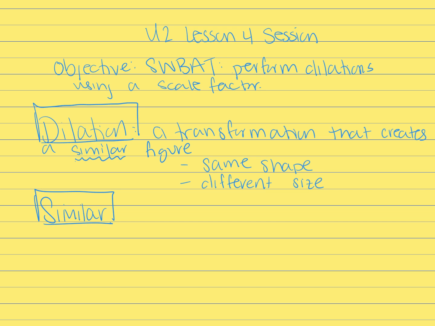In order for figures to be similar, the angles are congruent. So even though you make the shape bigger or smaller, all of the angle measures have to be exactly the same in the pre-image and the image. But the side lengths are going to be proportional.